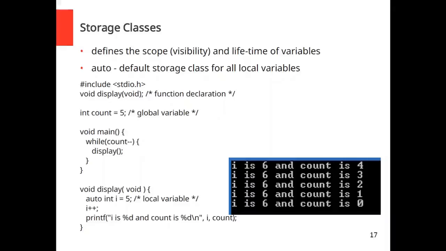If we declare a variable int a or auto int a, both are the same, both are auto storage class. So we'll see a program of how the values of variables behave within the scope of a function.